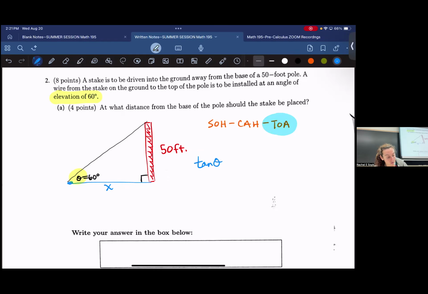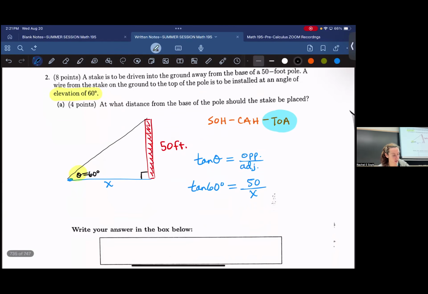Our tangent of theta is equal to our opposite side over our adjacent. So plugging in the values that were given, our tangent of 60 degrees is equal to 50 over x, and we want to solve for x. Now tan of 60, I'm going to put this off to the side here.